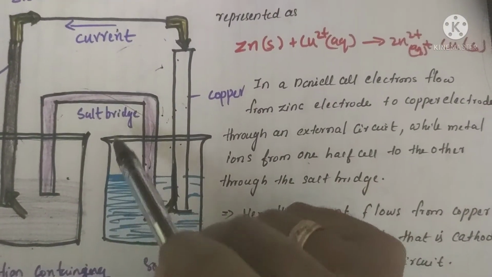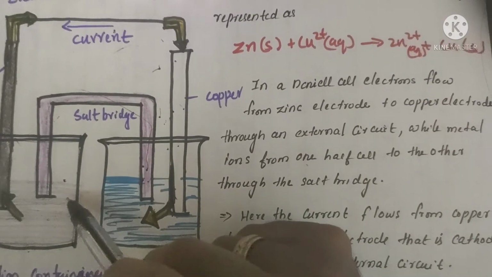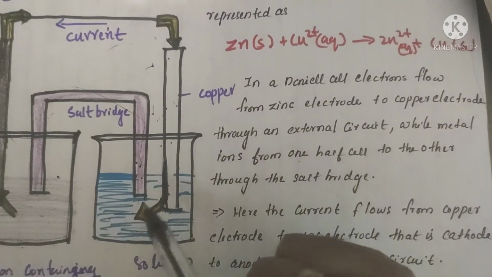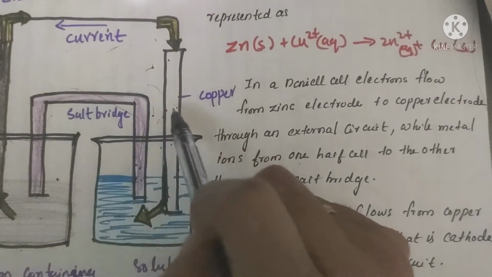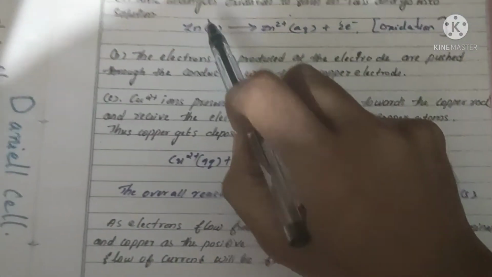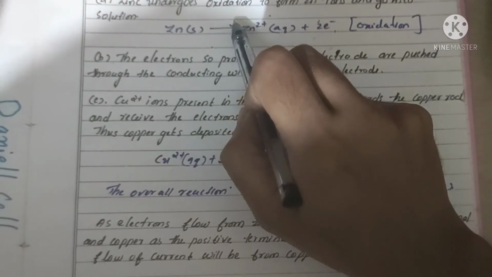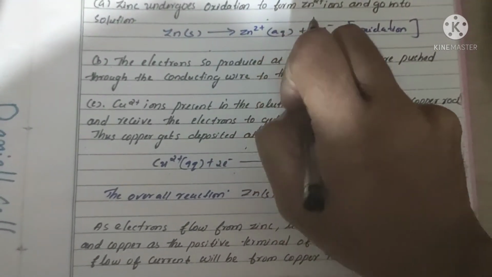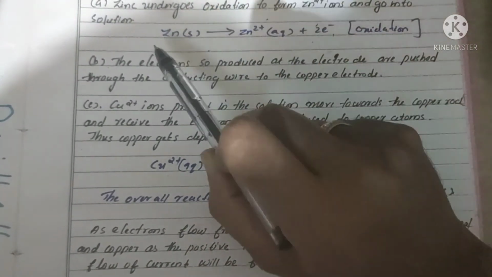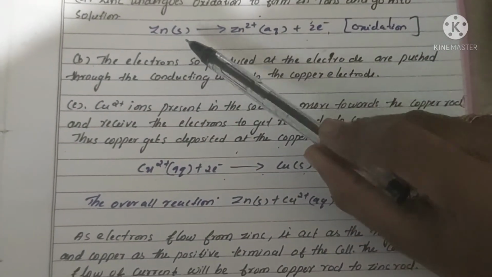In the Daniell cell, electrons flow from the zinc electrode to the copper electrode through the external circuit. The working of the cell is that zinc undergoes oxidation to form Zn2+ ion and goes into solution.